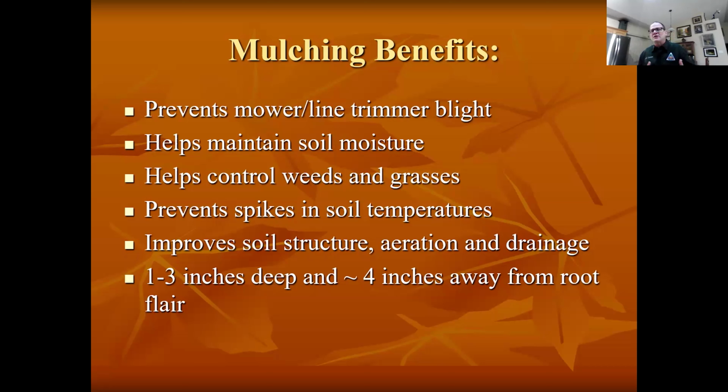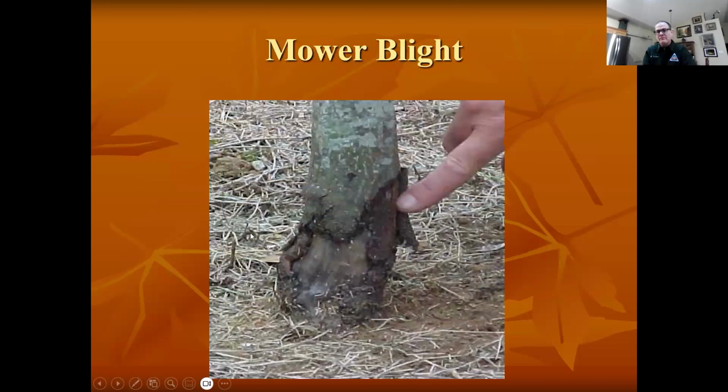And again, 2 to 4 inches deep, and keep it about 4 inches away from the root flare. If you don't, I guarantee you, if it's in a turf situation, someone's going to hit it with a lawnmower. This is lawnmower injury right here, or they're going to get it with a weed eater, because that's the only way they can get that grass trimmed around there.